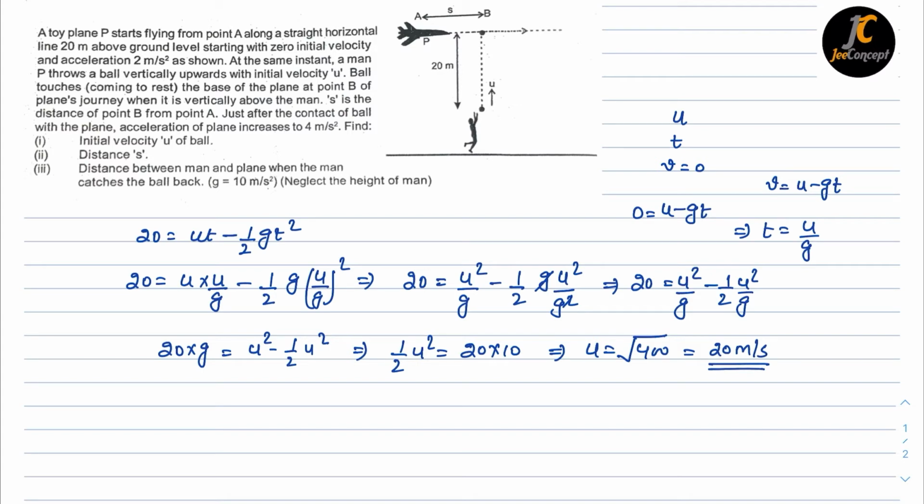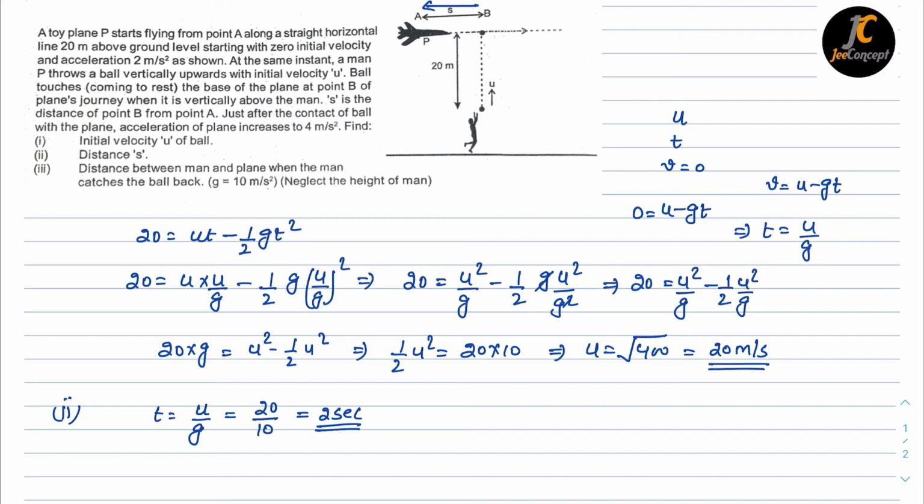Now for the second part we have to find the distance s. So the distance s is this. To calculate distance s, let's first calculate the time t. The time t is nothing but u by g. In the previous part we got the value of u as 20 and g is 10, so that means 2 seconds.